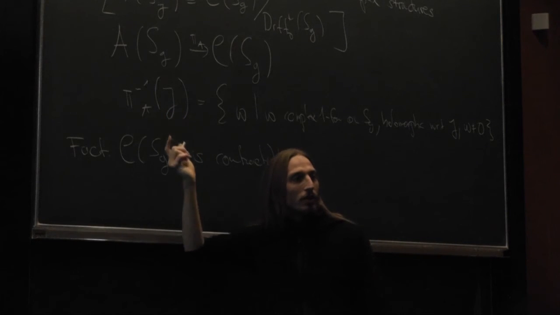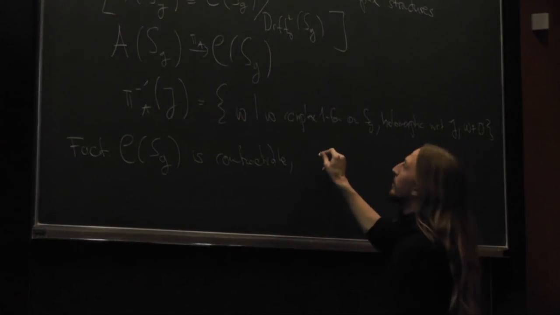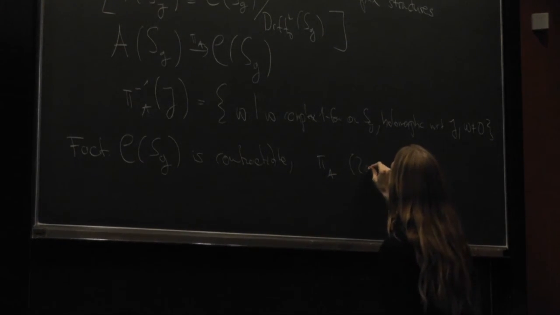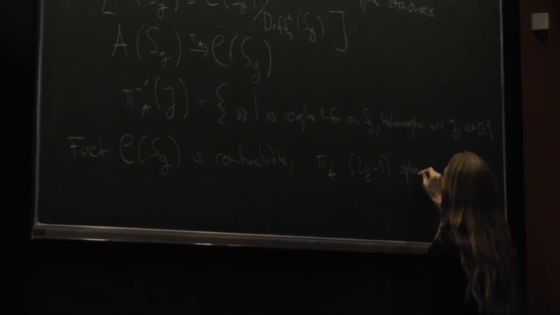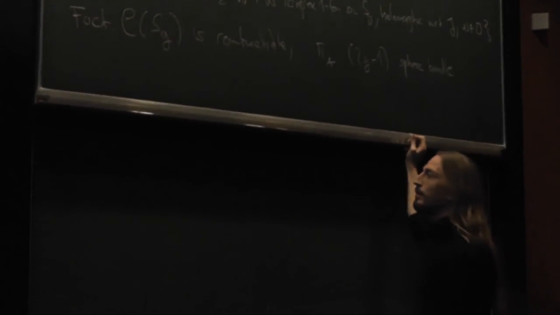If I take out the zero section, this is homotopically the same as a sphere bundle. So I will just write here that pi A is a 2G minus 1 sphere bundle. Okay.